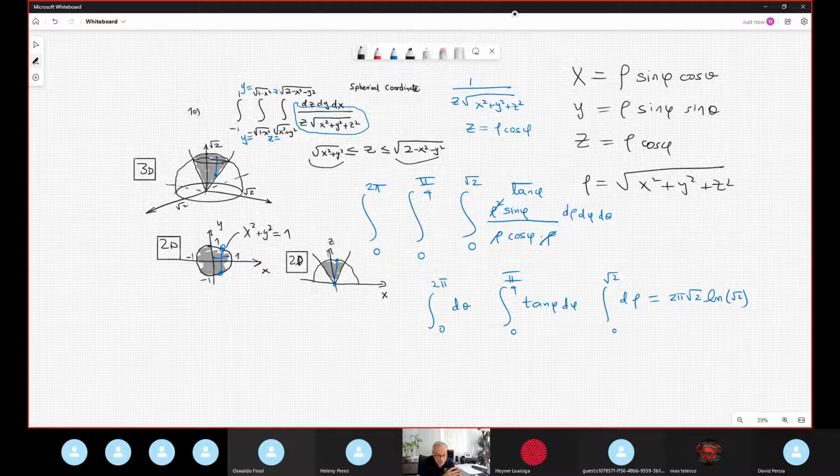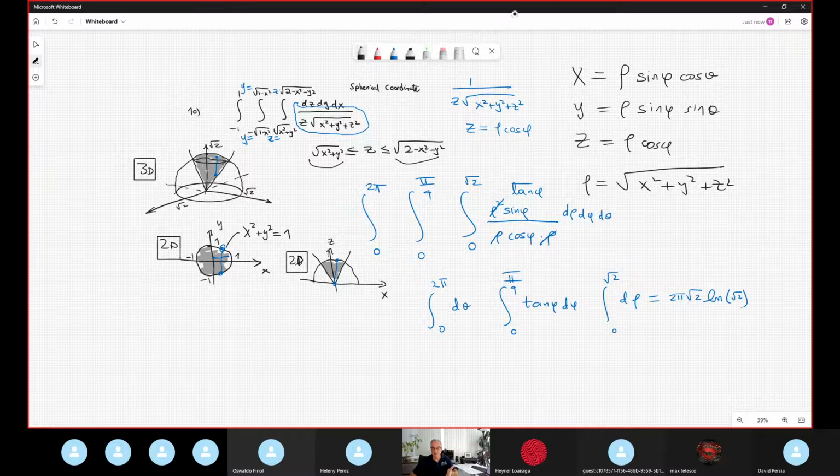So basically, let's see if you understand or not. We are given one integral in Cartesian. I need to change to polar. So you use the equation of the conversion from Cartesian to polar. To polar, not to spherical.